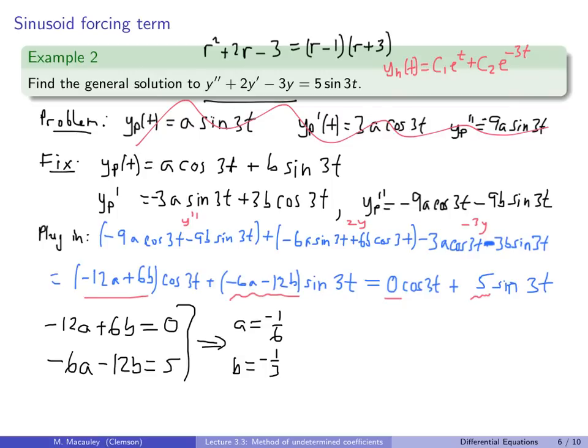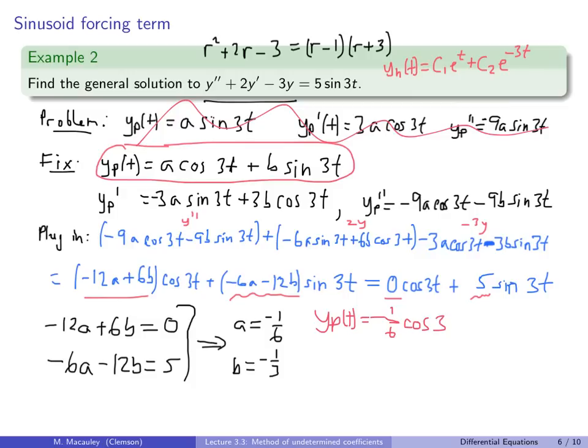So what that means is we have a solution of this form for this specific value of a and b. In other words, let's write this down, yp of t equals negative 1/6 cosine of 3t minus 1/3 sine of 3t.